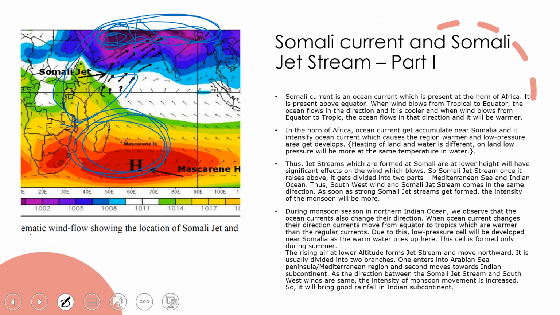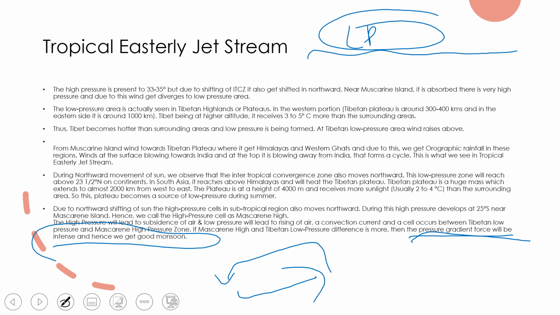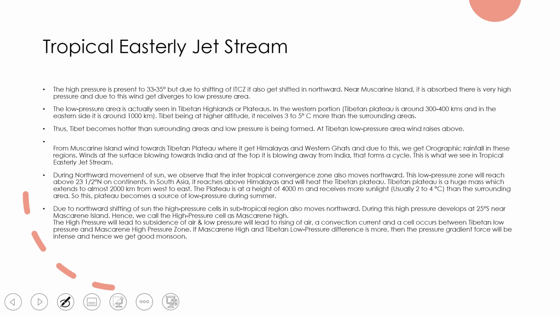This will help push the monsoon with more speed, and hence we will get good rainfall in that year if the Tibetan plateau has a very deep, intense low pressure. Okay, so this is the tropical easterly jet stream.